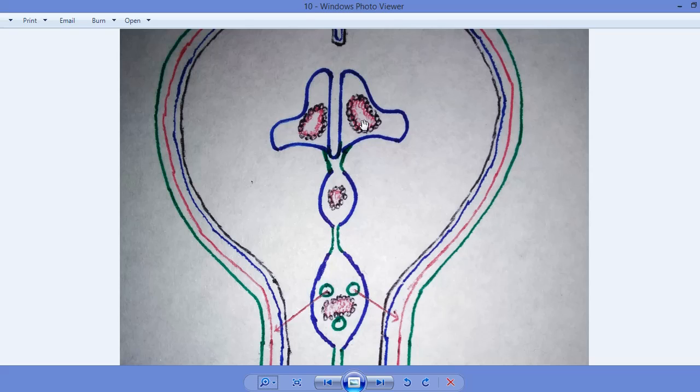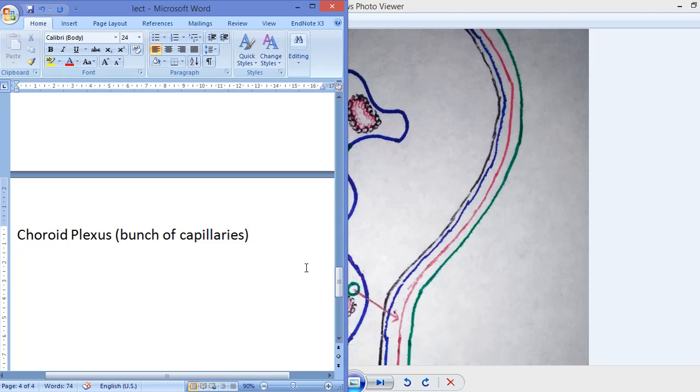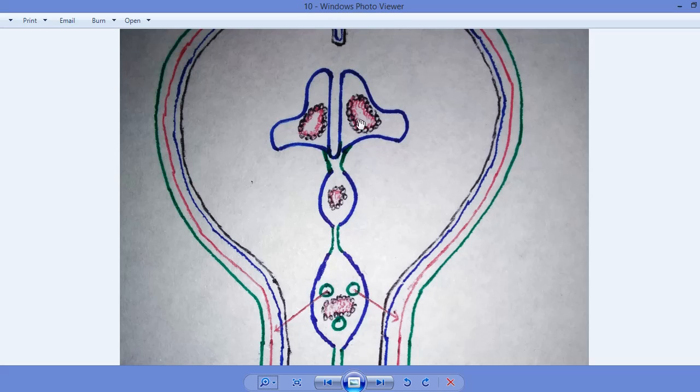The plasma is filtered through the bunch of capillaries into the ventricle, and the cerebrospinal fluid leaks into these ventricles. On a daily basis, up to 500 ml of CSF is formed in these choroid plexus, and it goes to the ventricles.